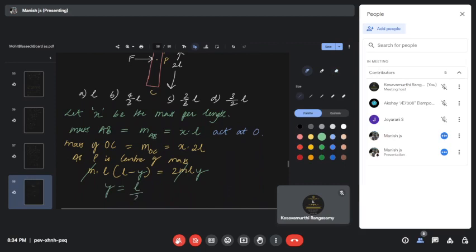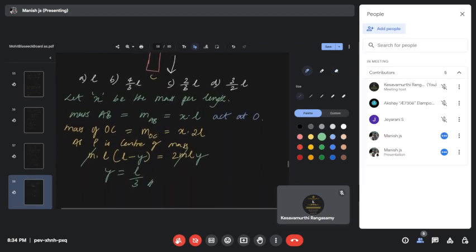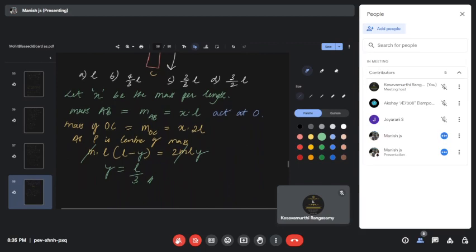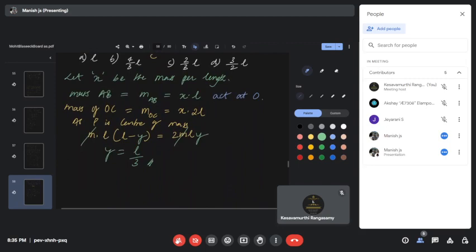You will get this expression: 3x is equal to L, or you can say 3y is equal to L, or y is equal to L upon 3 when you go for a rearrangement. So this is what we typically get. Once you get this, go and substitute.